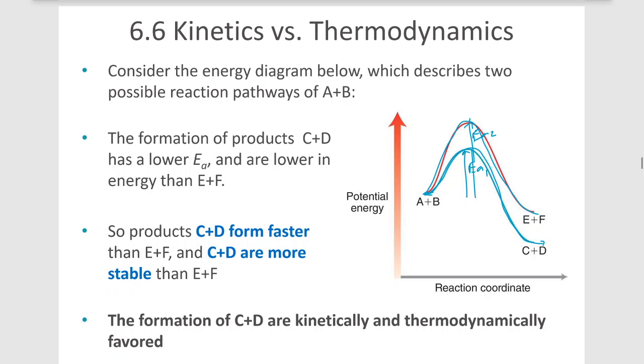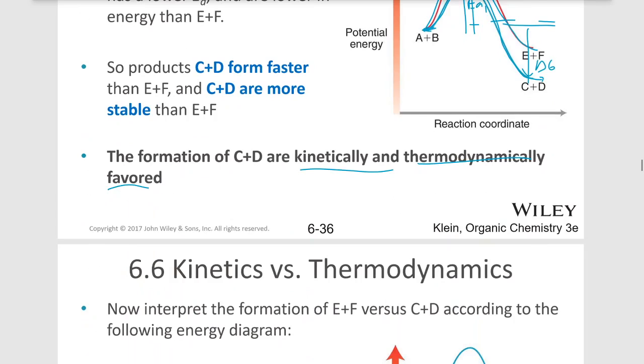And also E and F are higher energy than C and D. So it's faster to form C and D, and they're lower energy in the end. So we have a larger delta G to form C and D. We get a more negative delta G, and the reaction's going to happen faster because we have a lower activation energy. So the formation of C and D from A and B is both kinetically and thermodynamically favored.